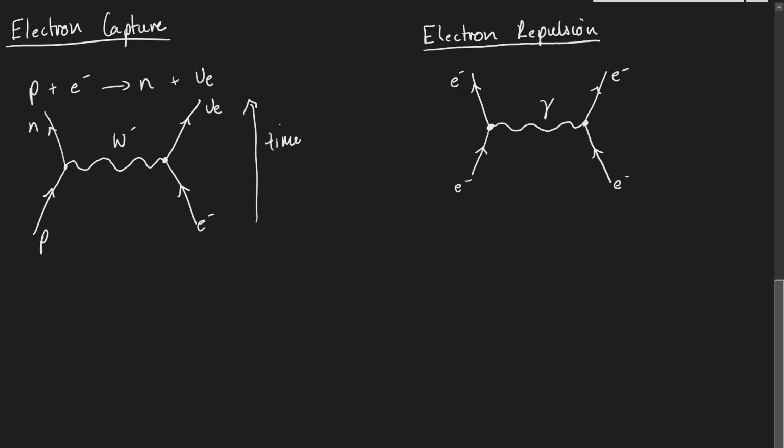This electron capture has a neutral thing in here, a neutral lepton, so it's not made of quarks, so it can't be the strong force. It's not charged, so it can't be the electromagnetic, and for A level, it doesn't have mass, so it can't be gravity. So we're left with the only other thing, which is the weak nuclear force, which acts on everything.